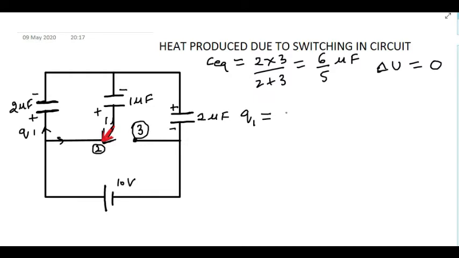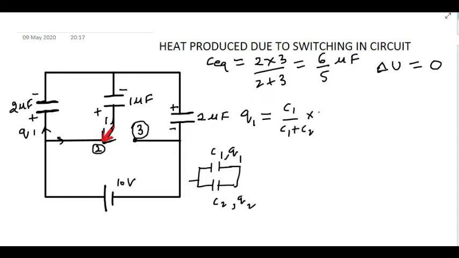The shortcut method we use: if we have two capacitors like this, this is C1 and this is C2, then the amount of charge flowing through C1, taken as Q1, and through C2, Q2. The formula is very simple: C1 upon C1 plus C2 into the total charge. This is the total charge.